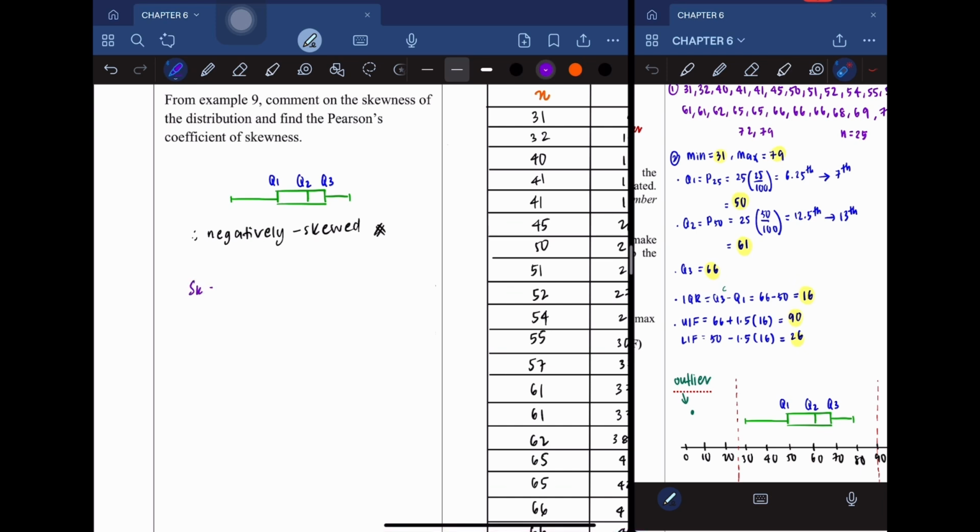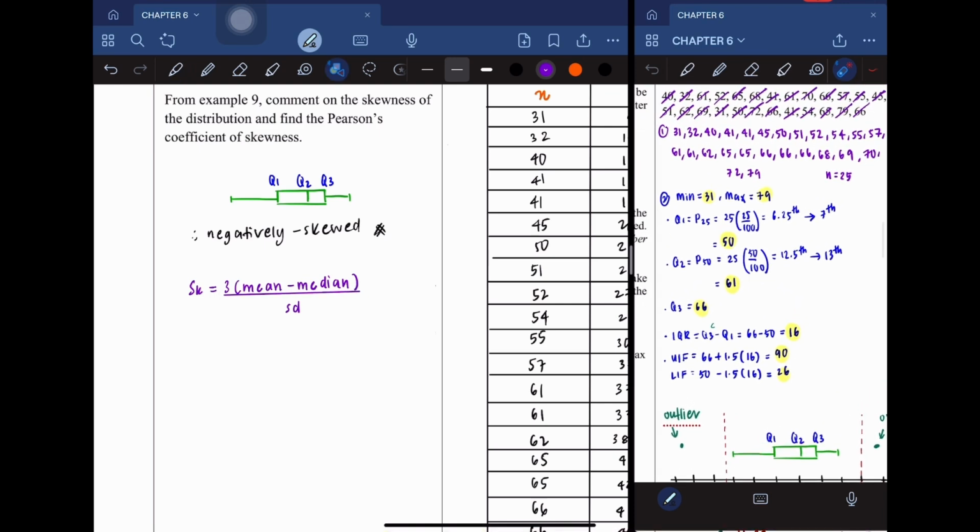So the formula for SK is 3 multiplied by mean minus median, divided by the standard deviation, S D. Based on example 9, we already found the median, which is Q2. So the Q2 or the median is equal to 61.